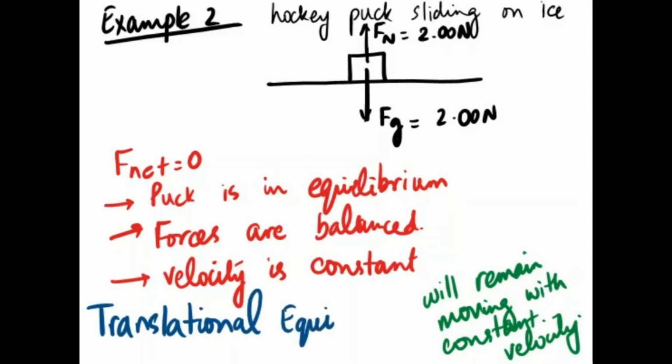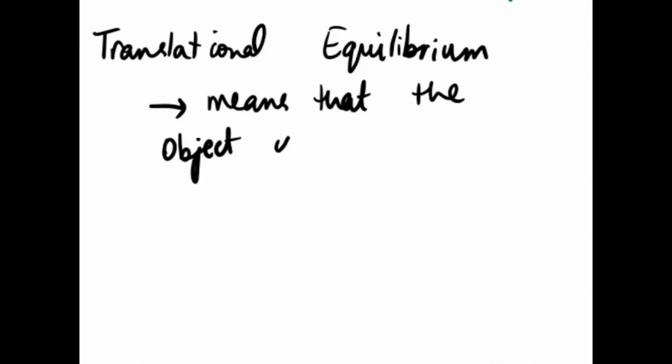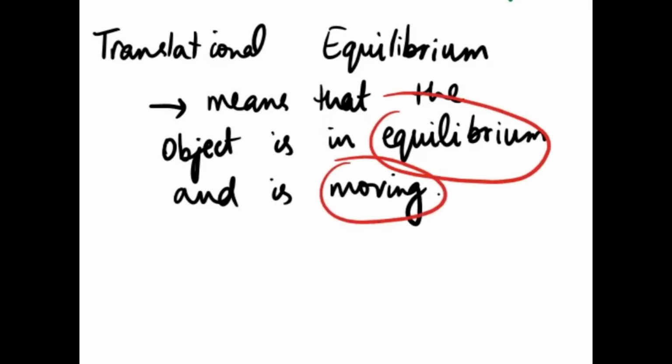So the forces are balanced and the puck is still moving, and this situation has a special name called translational equilibrium. Now, what does translational equilibrium mean? What it means is that the object is in equilibrium and is moving. So the two big words that we can get from it are equilibrium and moving.